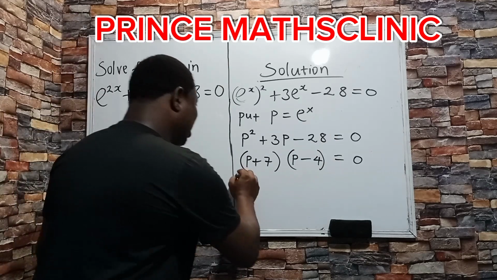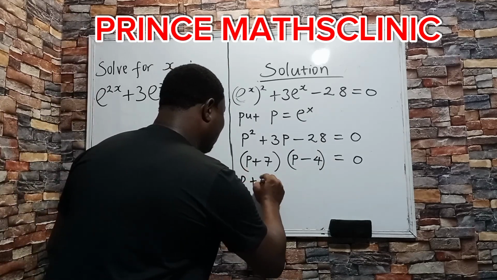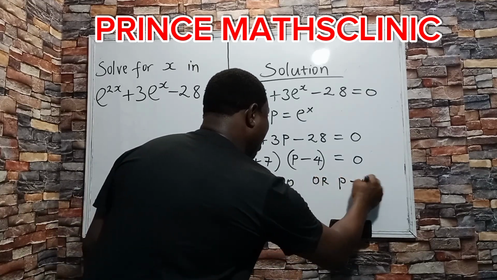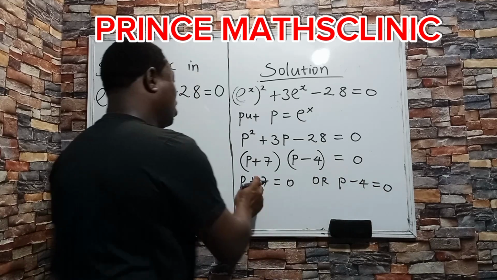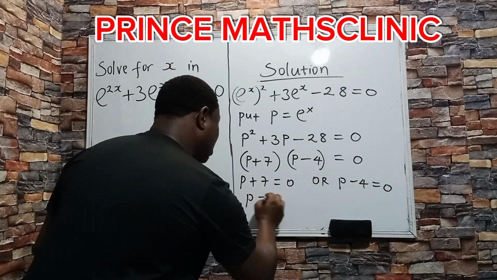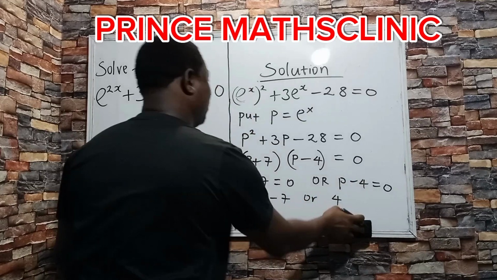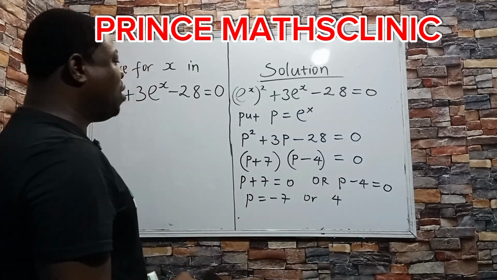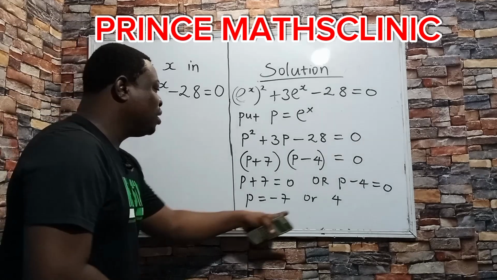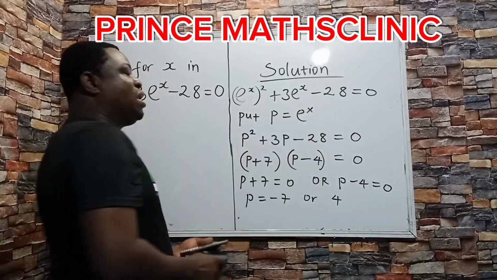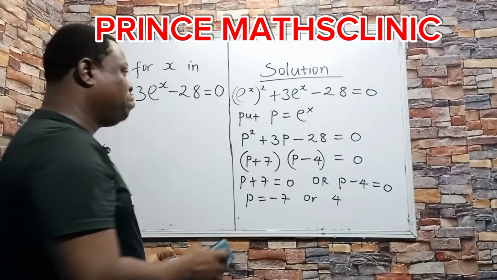Therefore p plus 7 equals 0, or p minus 4 equals 0, and from here p is either minus 7 or 4. Now that we have the value for p, we will come back to replace the value for p.